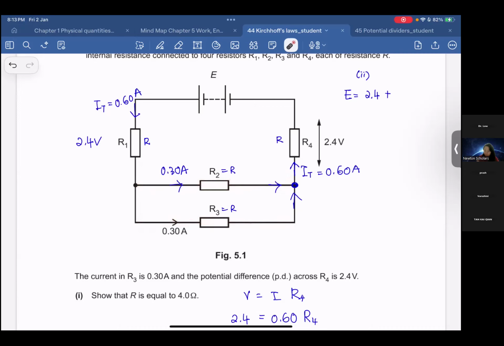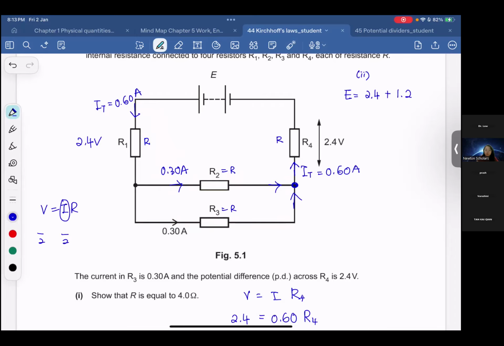So look here, 0.3 ampere, the resistance is the same, but the current becomes half. V equals IR, so if your current is divided by 2, then your voltage is also divided by 2. So here, it should be 1.2 volt.